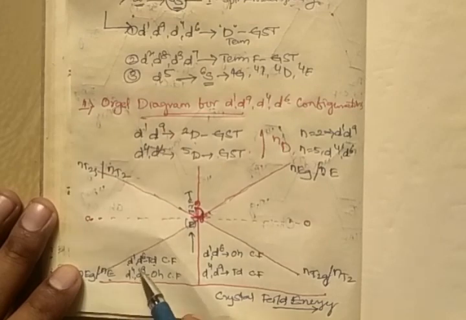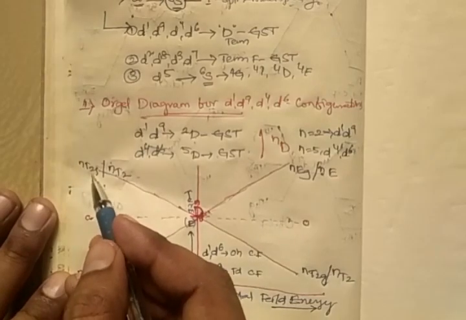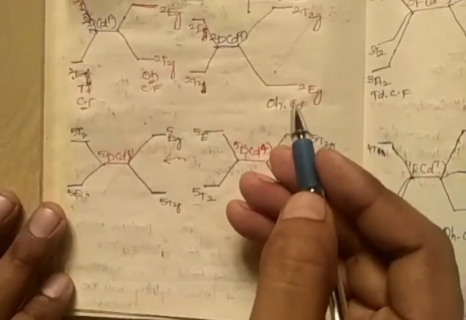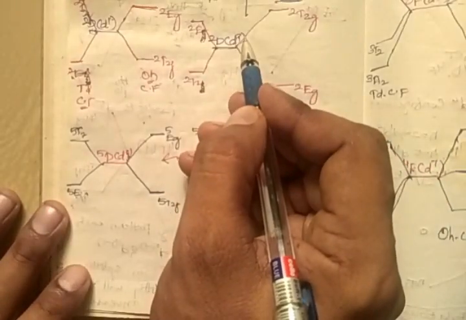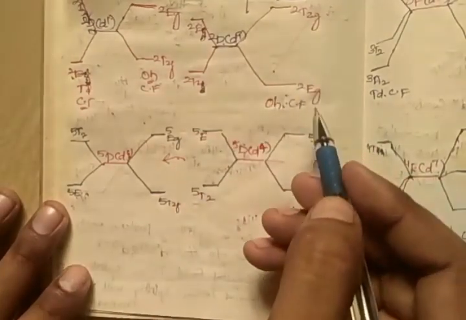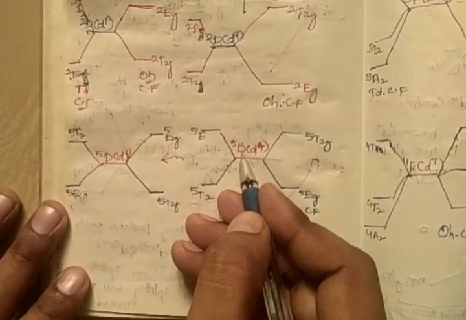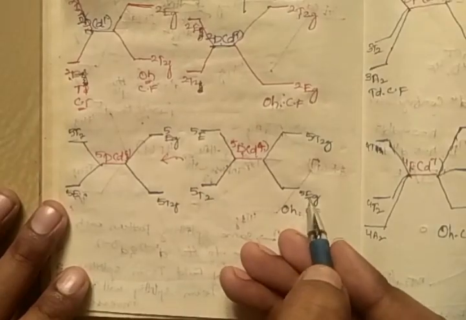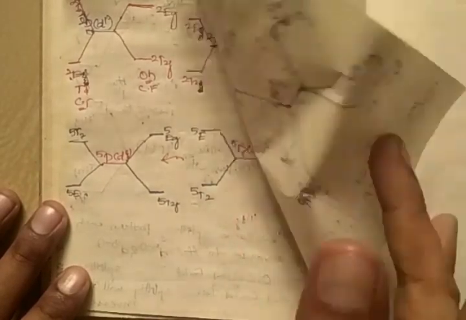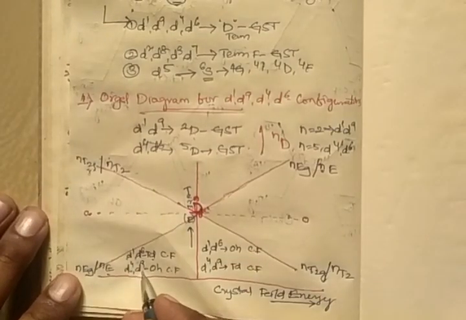And the same for D4 and D9 configurations: the D term in an octahedral crystal field has a lower energy state of Eg and a higher energy state of T2g. For D9 configured, the 2D term has lower energy state Eg and higher energy state T2g. Same as that, the D term of D4 configuration in an octahedral crystal field has lower energy state Eg and higher energy state T2g. That is Eg, T2g for the D4 and D9 configurations.